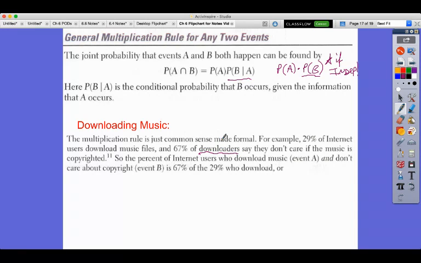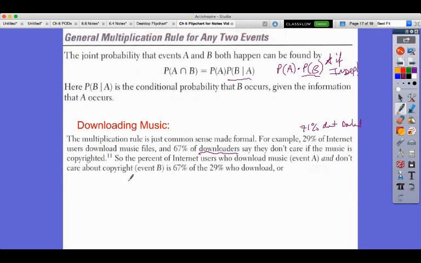Of non-downloaders, right? Because there's 71% who don't download. I would imagine that a lot of them don't download because they do care about copyright. And you would say maybe only 10% say, I don't care if it's copyrighted, right? Maybe there's a vastly different population of the downloaders, okay?